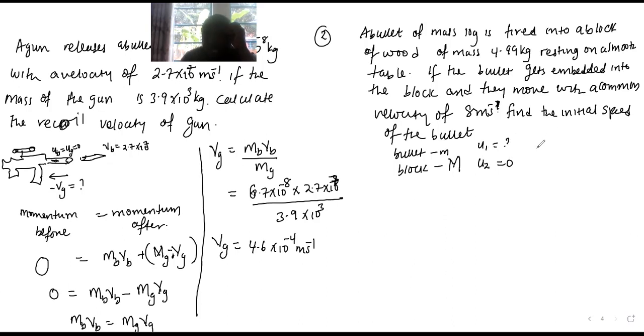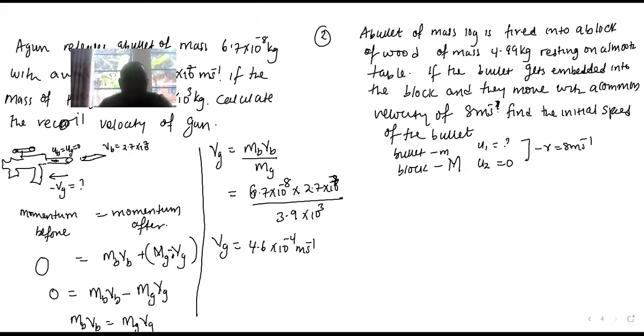Then they got stuck together, so they both move with a common velocity V of 8 meters per second. These models can be illustrated on a diagram for understanding.